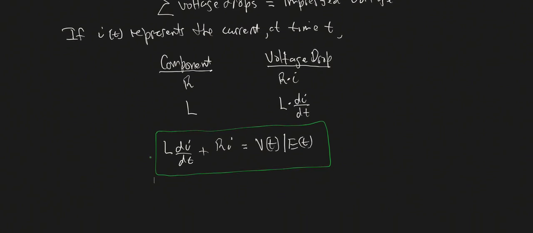And again, our goal is to find the current as a function of time, so we know what the current is at every possible instant. Let's take a look at an example of this. Instead of drawing it, I'll just state what we have.